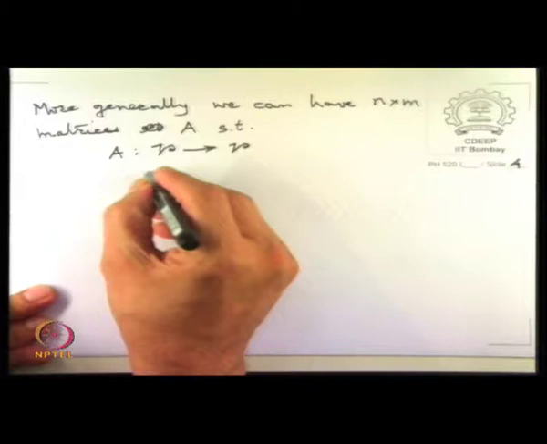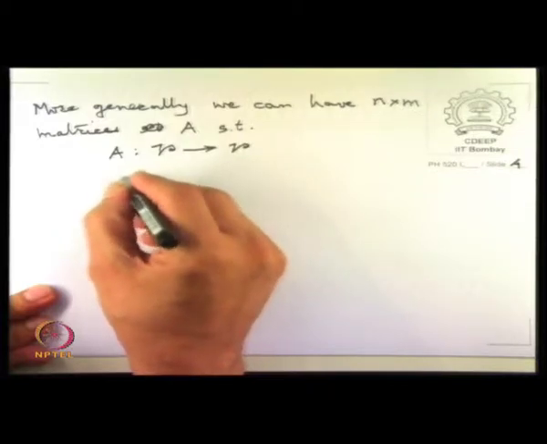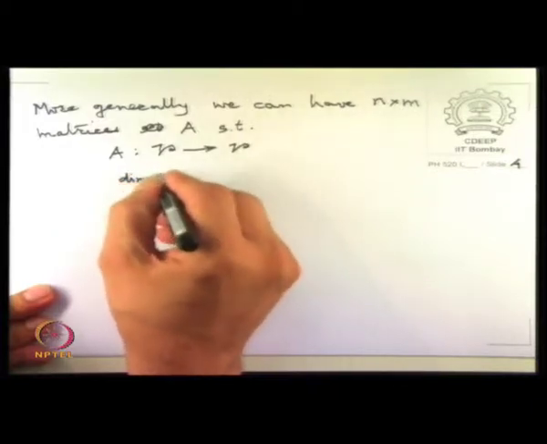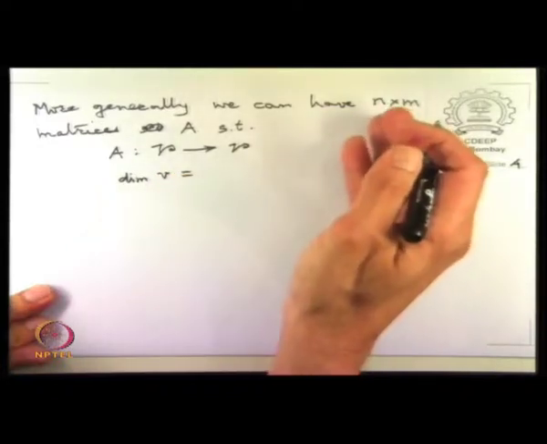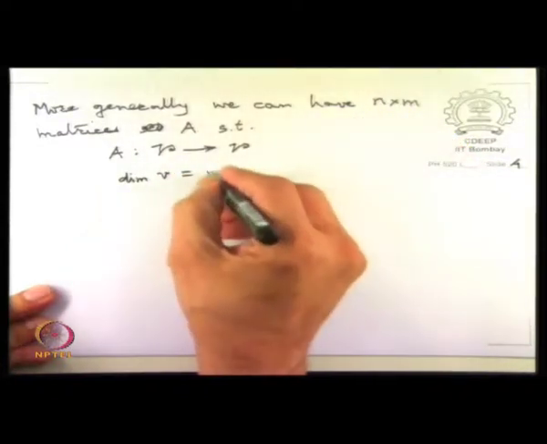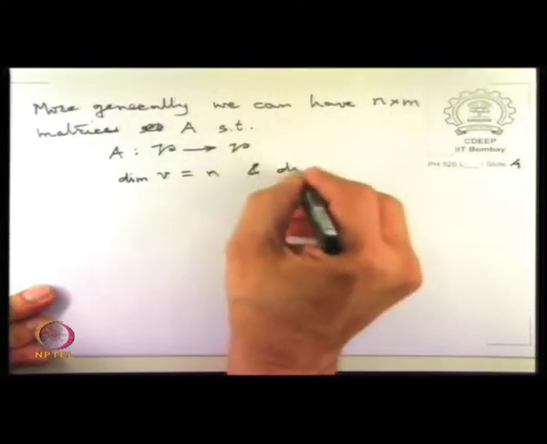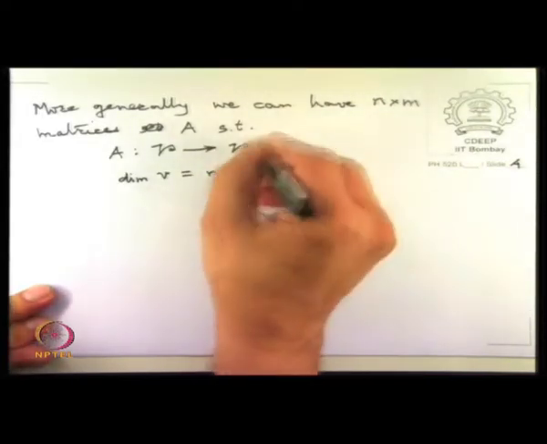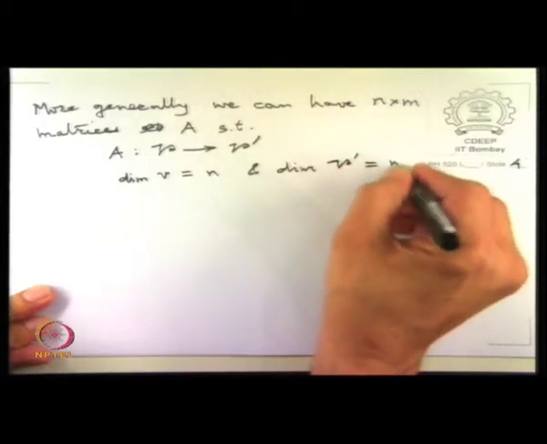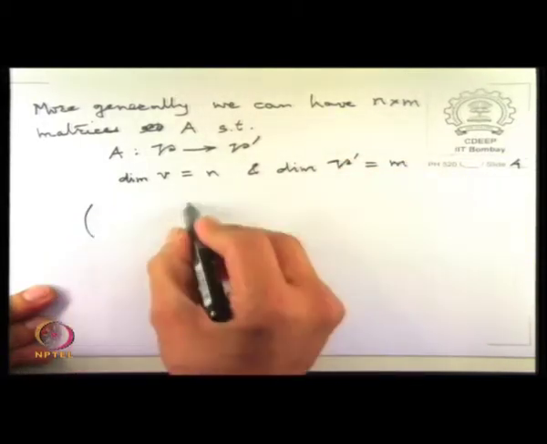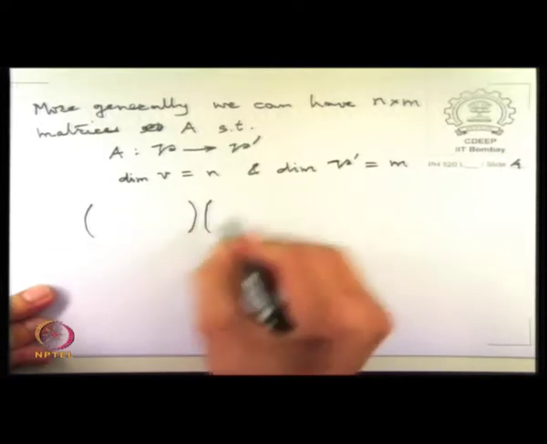So if dim V equal to n, number of rows is n, right, and dim V prime equal to m. So just to not get lost, let us draw this.